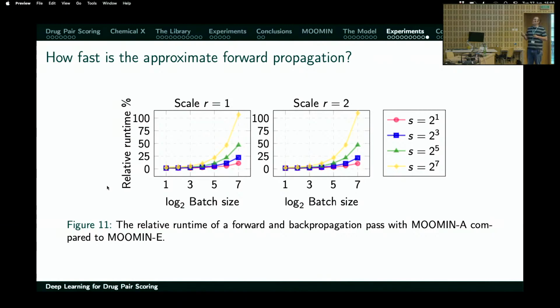What you see here is that when something is above 100%, it means that the approximate computation is actually slower than the exact one. So the sweet spot, if you want to be fast, is around 2 to the 5 samples in a batch that has a large number of drug pairs with contexts.